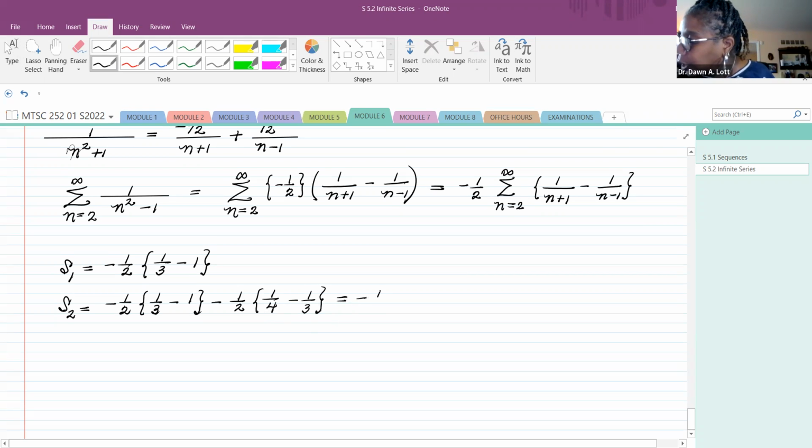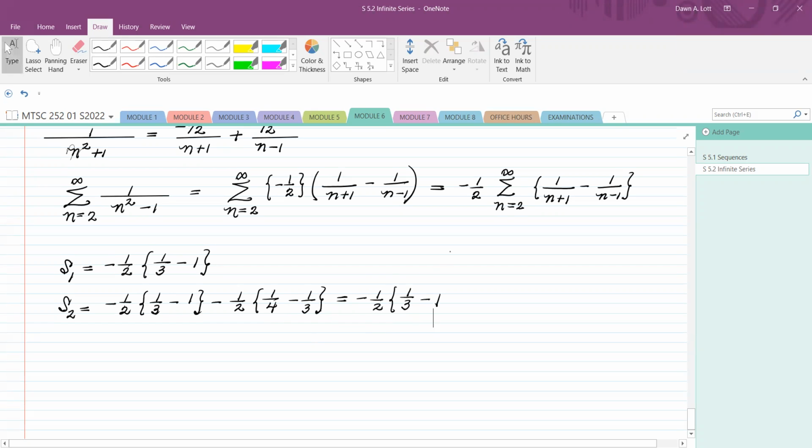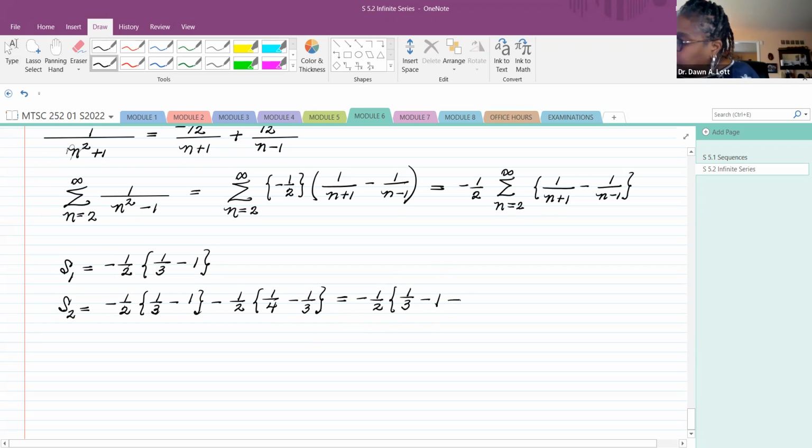So we can pull the negative 1/2 out, and that gives us 1/3 minus 1, and then we're going to get minus 1/4 plus 1/3. So we can see that these 1/3 are going to be gone.